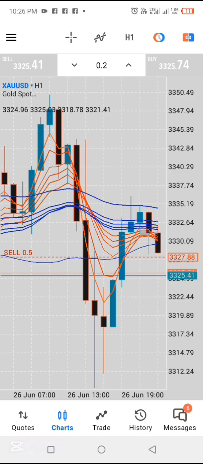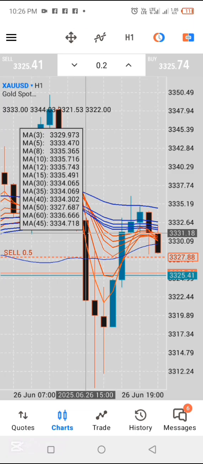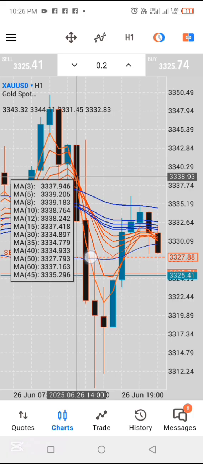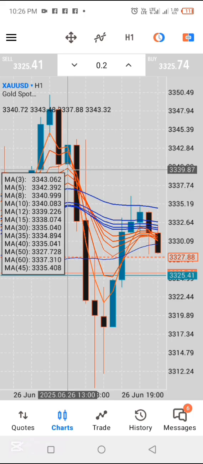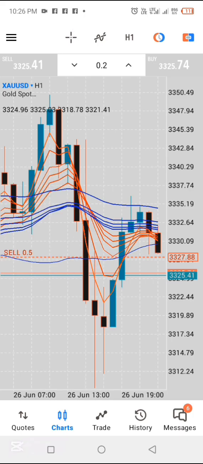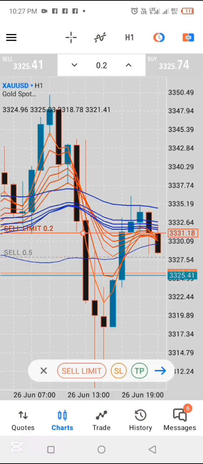So immediately this candle closes, what you do is you place a buy stop and a sell stop order, or a sell limit, either of them. So you place a sell limit here, just at this point.